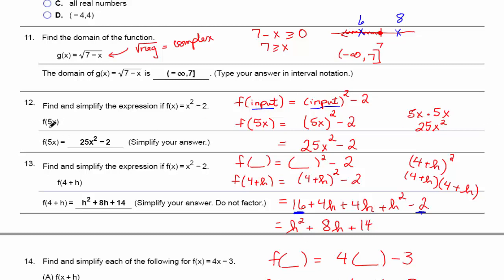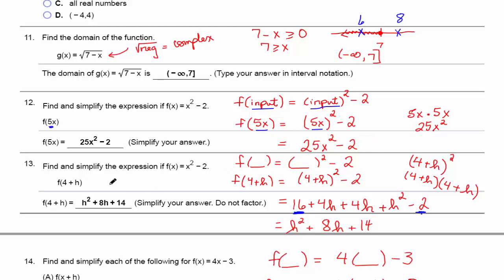So they want us to plug in 5x as an input. All right, no problem. Just fill it in everywhere I see the word input. Now this would be 5x, that thing, squared, which is 5x times 5x, which is 25x squared.